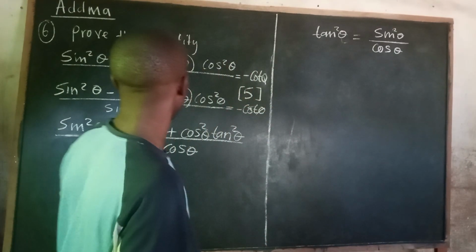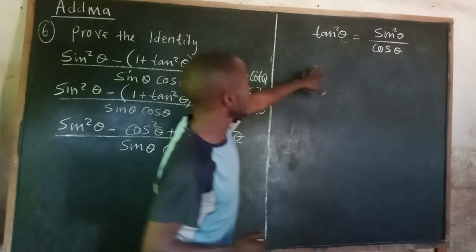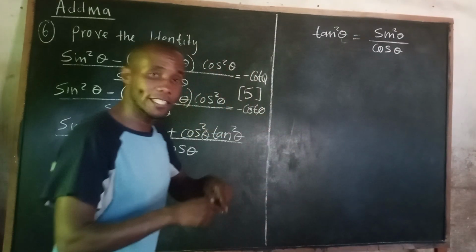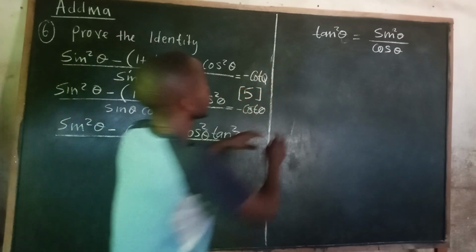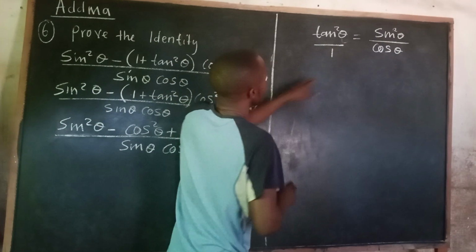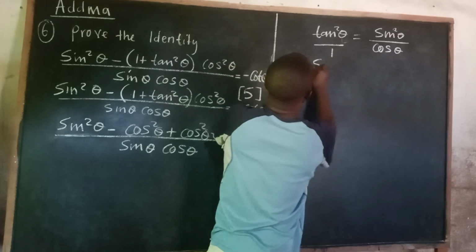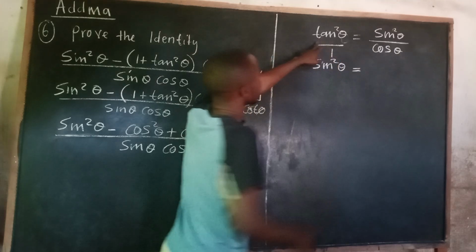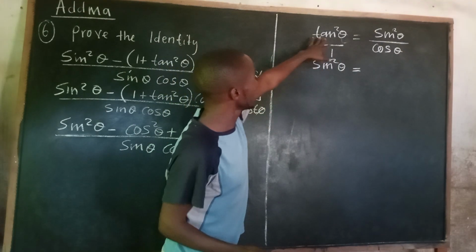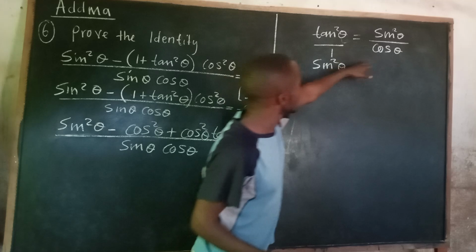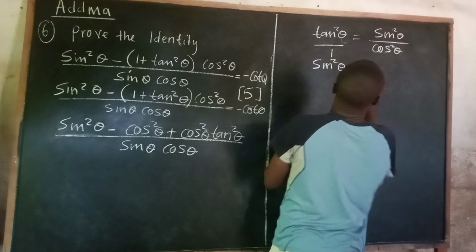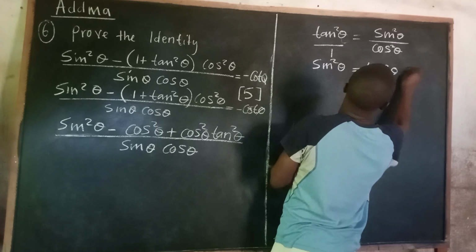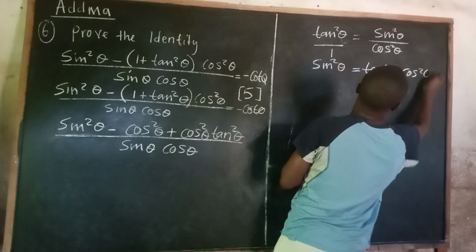Now what we want is to make sine theta squared the subject of the formula, so that in the end we can substitute. So we say this is over 1, then 1 times sine theta squared equals tan theta squared times cos theta squared.